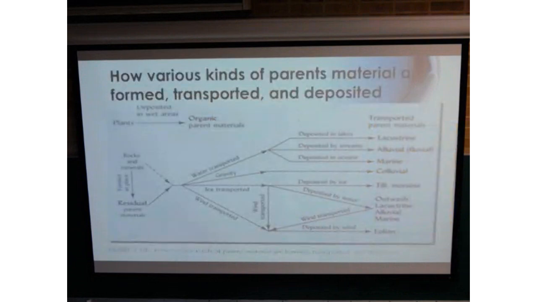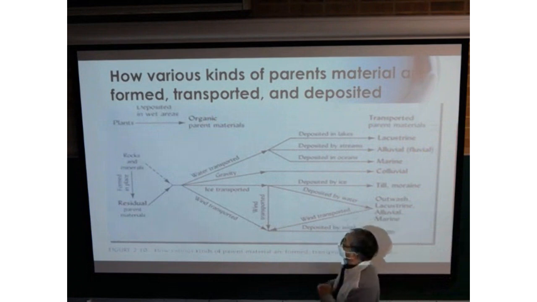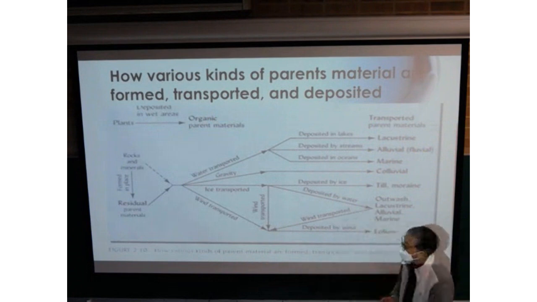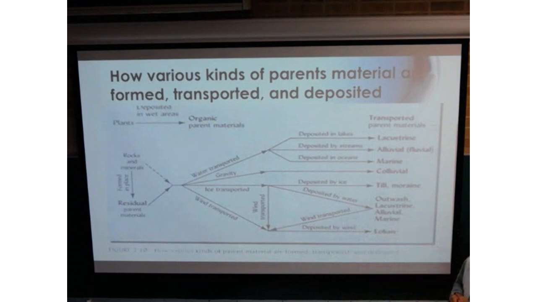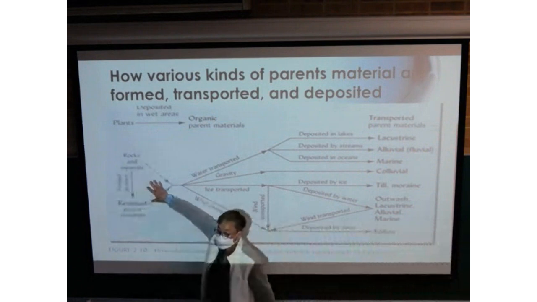And how are the various kinds of parent material formed? They transport and deposit. How can they form the soil profile? First of all, the rock is going to be broken down, and the broken pieces of rock will be moved and transported by water, by gravity, by ice movements, and by wind. So, broken pieces of rock, small soil particles.